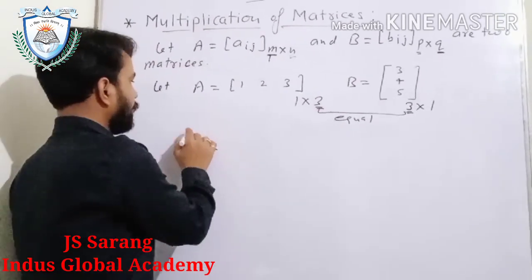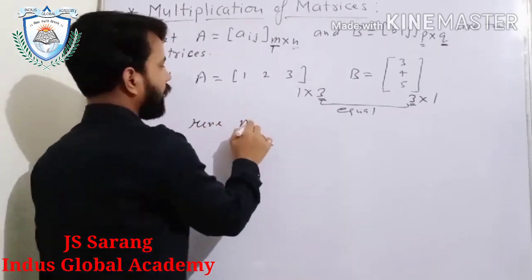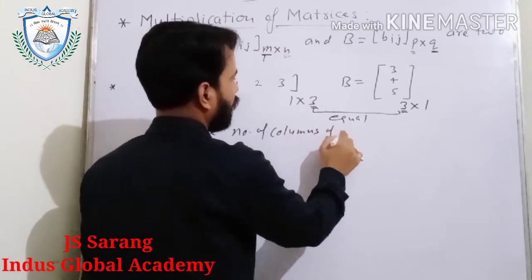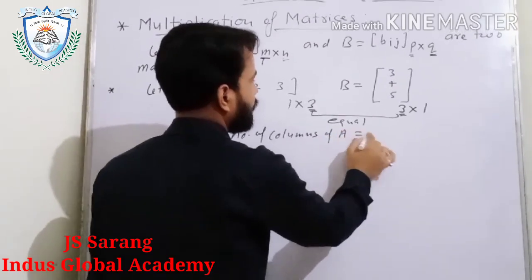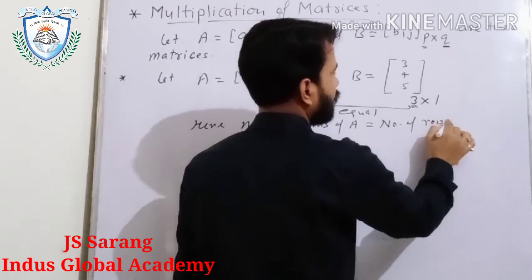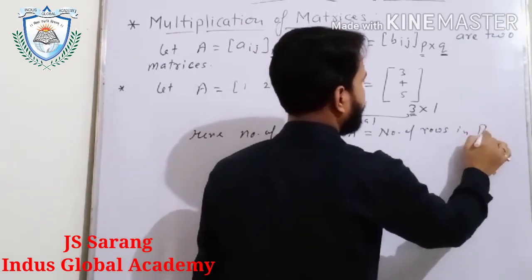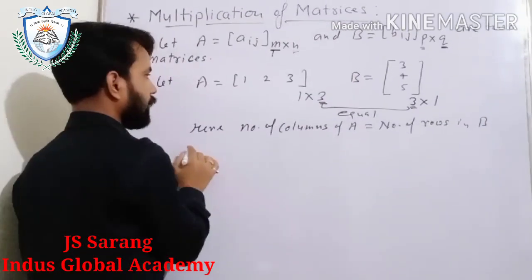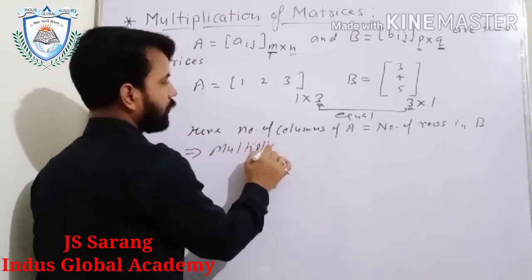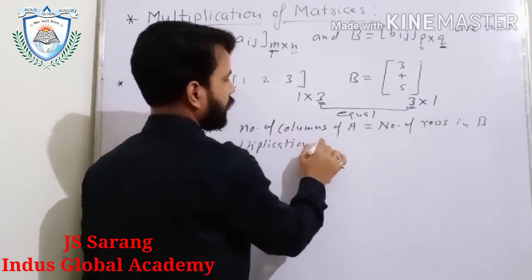So here the number of columns of A is equal to the number of rows in B. Hence multiplication is possible.